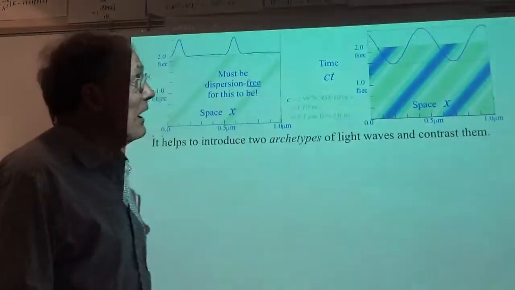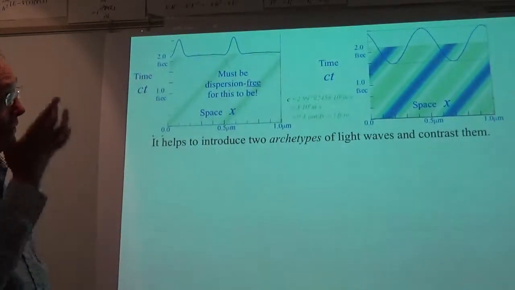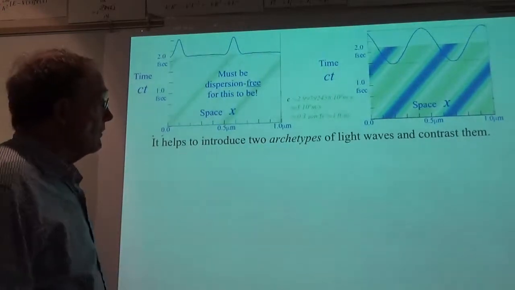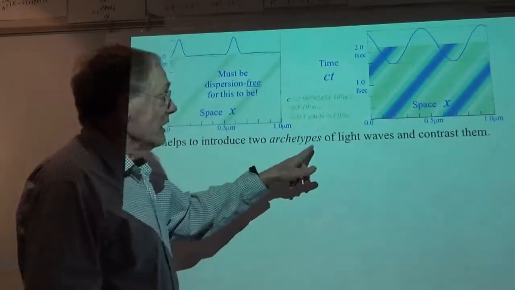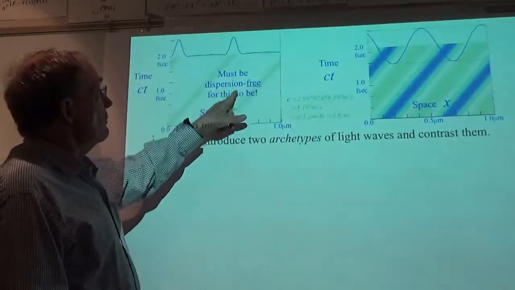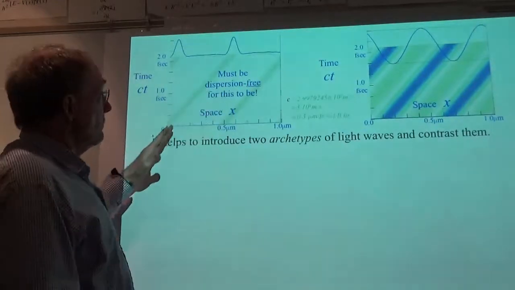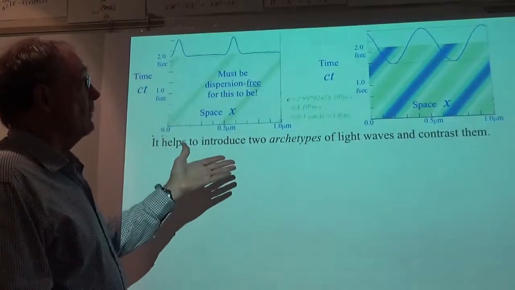We use a similar graph to make the relativity entree. This is a simpler use of that picture. So these are the archetypes of light waves. You really need to be dispersion-free for these pulses to behave so well. The ones we're going to study in the Bohr thing explode.